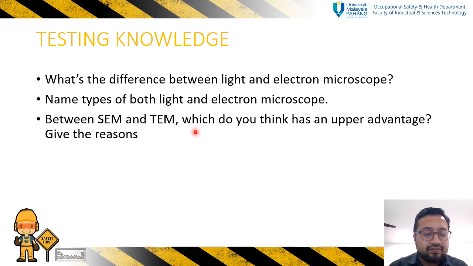Lepas tu kalau electron microscope dia ada transmission electron microscope dengan scanning electron microscope. Light microscope tu ada dua jenis lagi. Apa dia? Ada phase contrast microscope dengan fluorescence microscope. Alright, thank you. Okay, terima kasih.